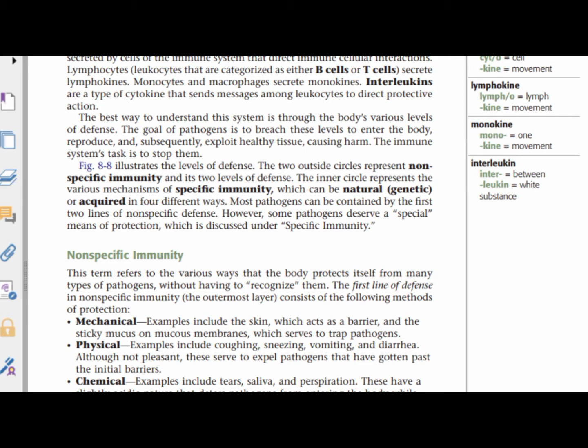These are the pathogens that act on the body, so they cause diseases in our body. Example of mechanical barriers that protect us against pathogens: you have your sweat, your mucus, your cerumen.